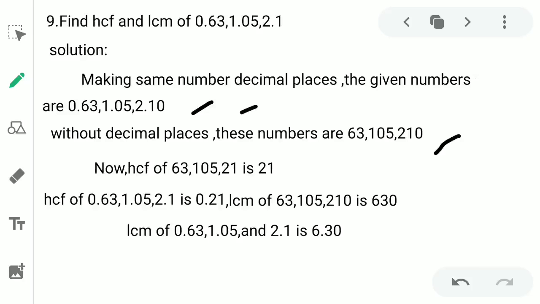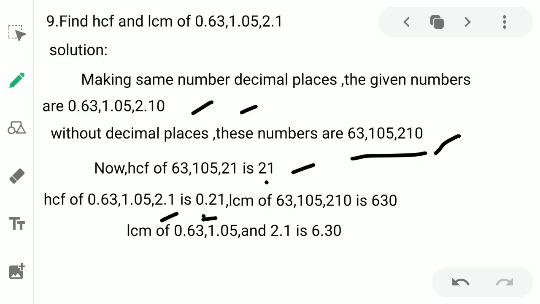Now, HCF: when I take it by the LCM method and take the numbers which are least, I will get the answer as 21. So the HCF of 0.63, 1.05, 2.1 is 0.21.